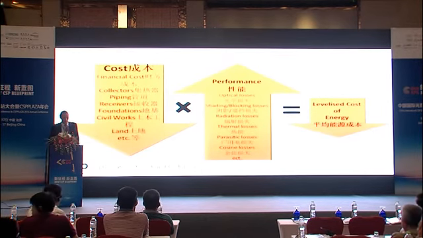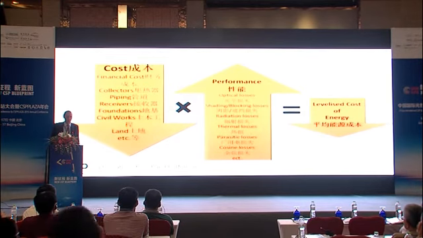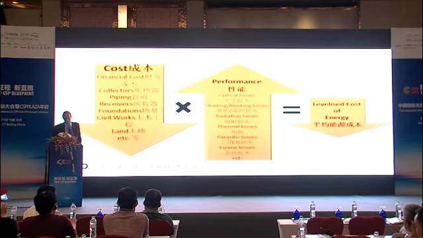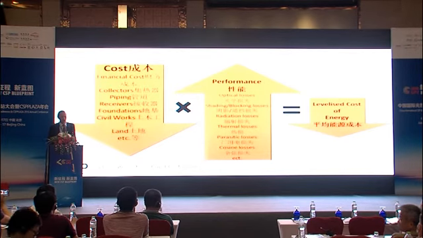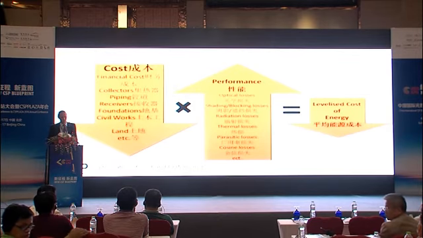The costs, obviously, are all in the parts you need and how to build. And the performance has mostly to do with the losses and how you can prevent the losses in your systems. The best solution is if you can decrease the cost and at the same time increase the performance. But it's quite difficult to find those sweet spots in the technology. And I'll show you 2 of them later.